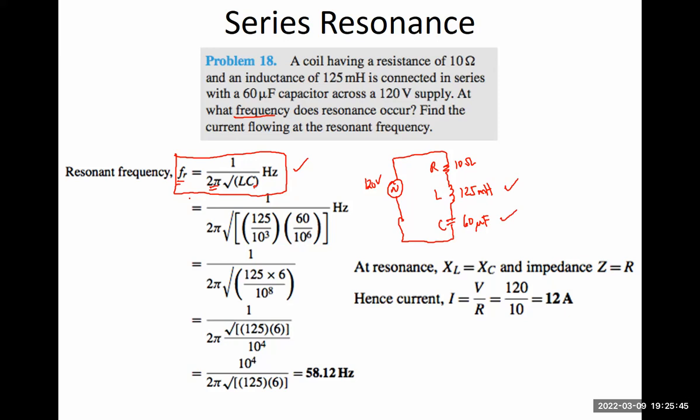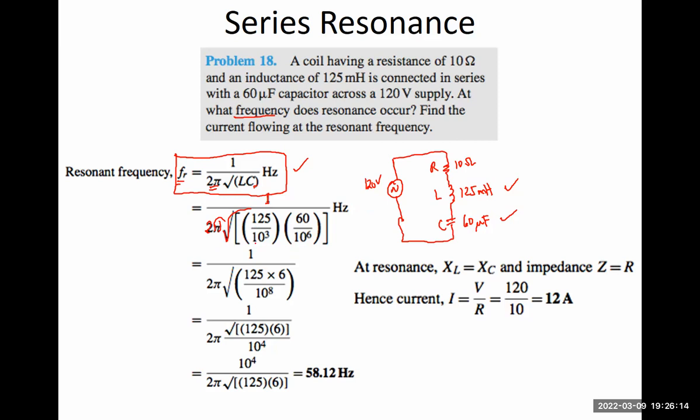While 2 pi naman is a constant, so therefore we could now simply substitute the values of the inductance and capacitance. So let's make use of the equation that is 1 all over 2 pi square root of LC. So 1 all over, we have the 2 pi as our constant, and then the square root of L, which is 125 millihenry.